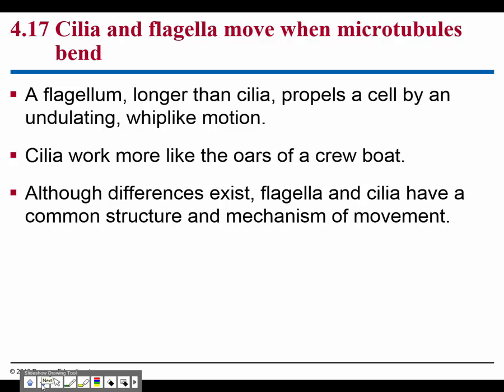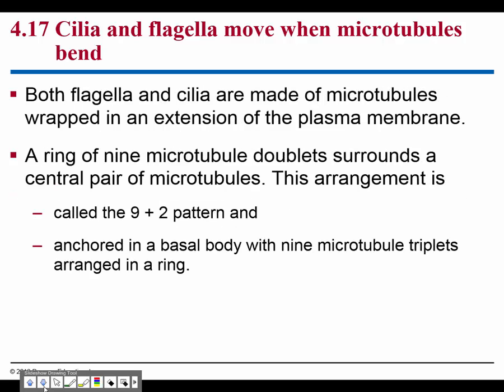And flagella and cilia have a common structure and the same mechanism behind it that helps them move. They both have the microtubules. They're wrapped in an extension of the plasma membrane. And you get this ring of 9 microtubule doublets, and they surround a central pair of microtubules.